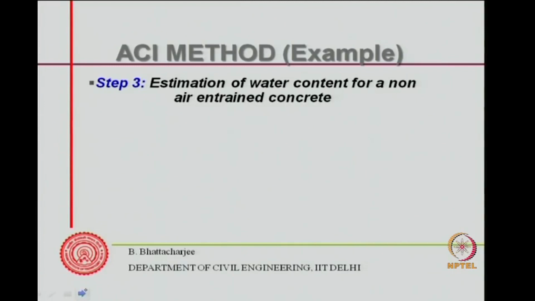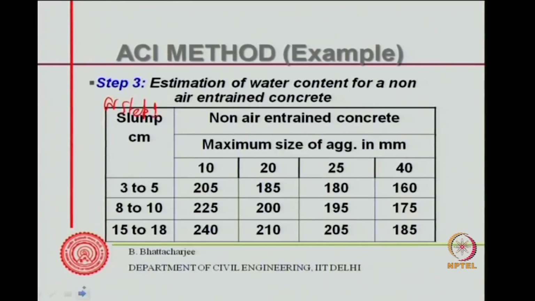So the first step would have been step 3 in the code, but we are considering it as step 1. For non-air entrained concrete, we have to estimate the water content, and this is the table.